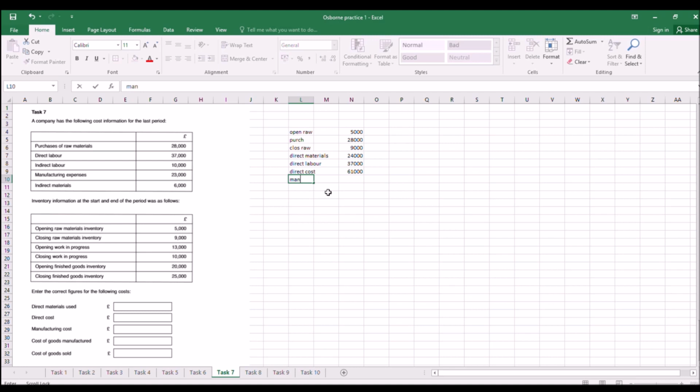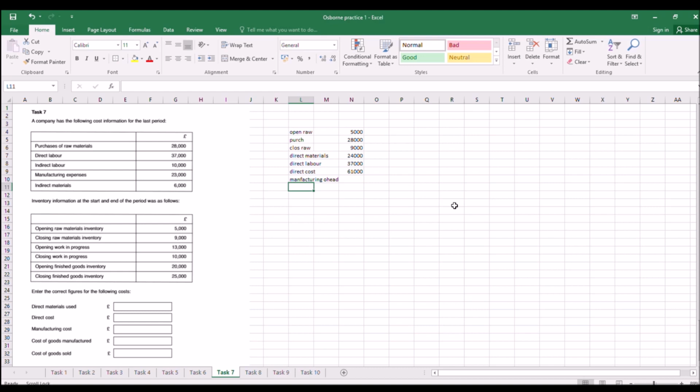And then we're going to have some manufacturing overheads. Overheads. It's going to be in there somewhere. Let's have a look. Let's try and find it. We're going to go indirect labour, probably. This is an interesting one.